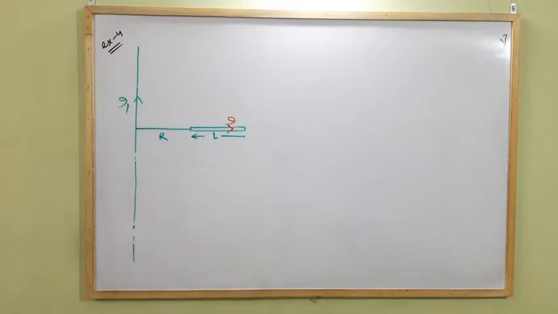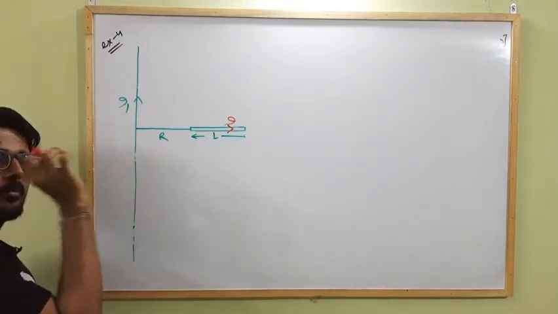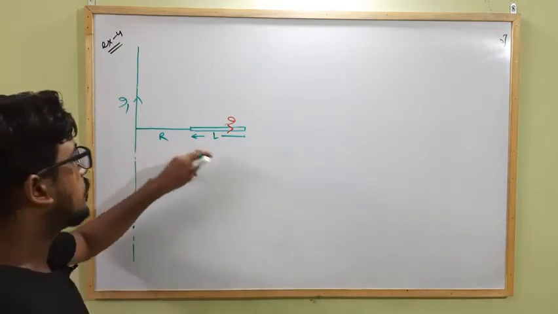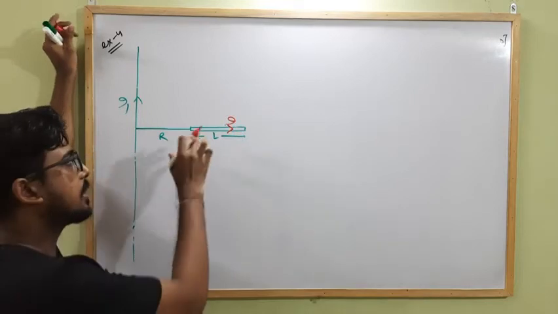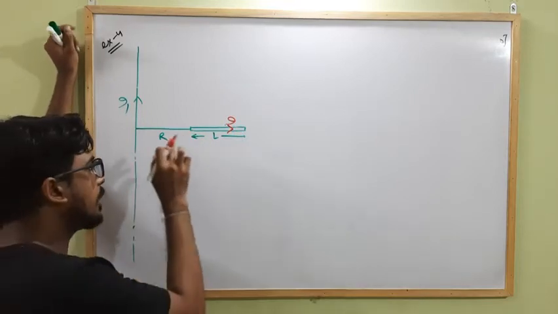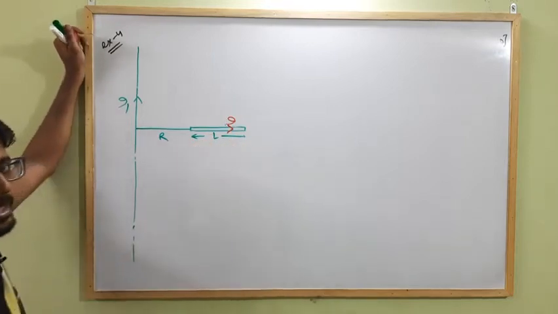Now find out the magnetic force acting on it. Previously the magnetic force was calculated by using I L B sin theta, and B at that place was uniform, but here the magnetic field strength is different at different positions of this current carrying conductor.